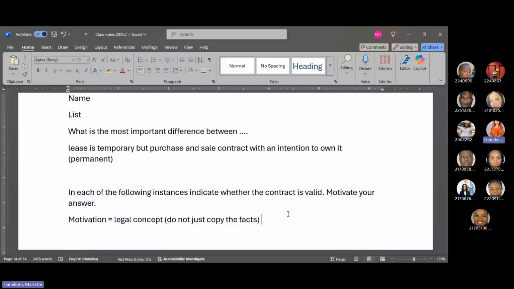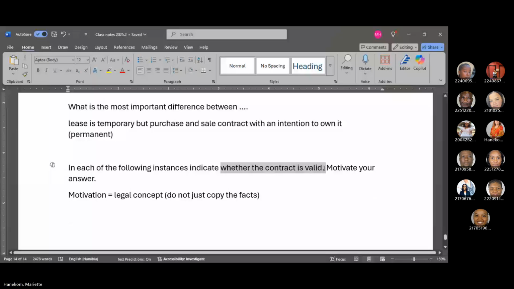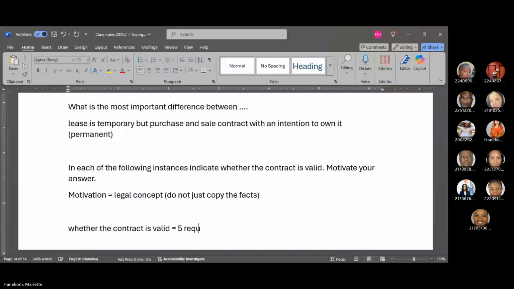If I've asked you whether the contract is valid, there are 5 requirements for a valid contract. So you read your scenario, it's normally just 2 or 3 lines long, and check whether all these requirements have been met.